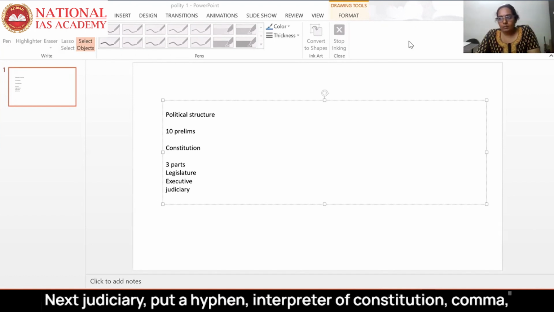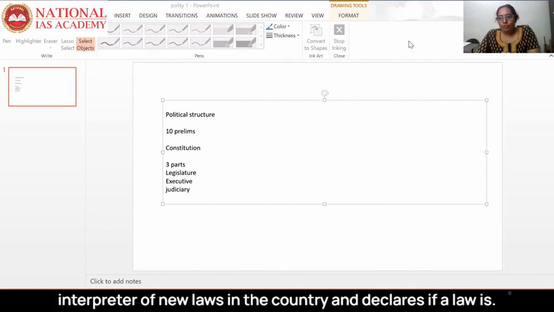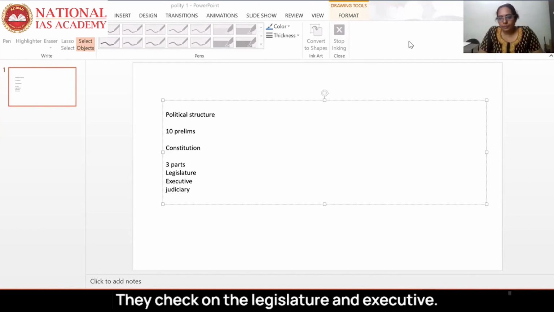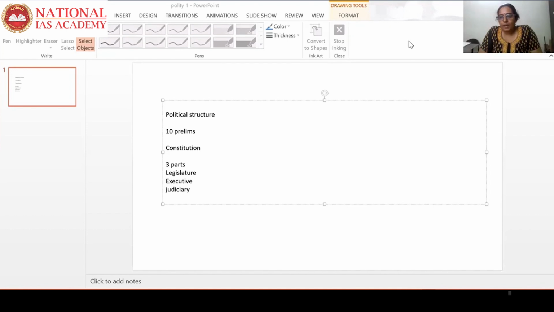Next, judiciary, put a hyphen, interpreter of constitution, comma, interpreter of new laws in the country and declares if a law is constitutional or unconstitutional. Full stop. They check on the legislature and executive. Full stop. They deliver justice to common people. Next paragraph.